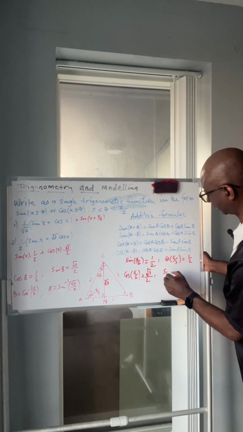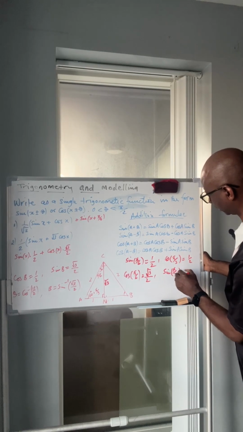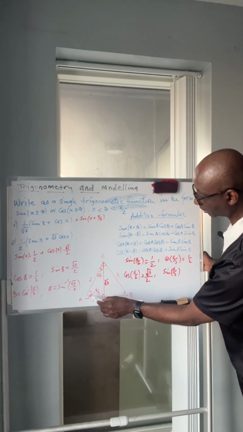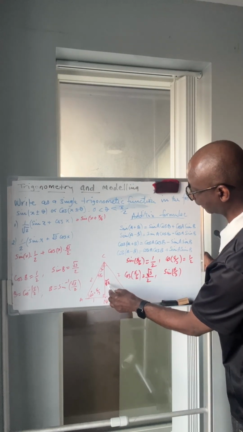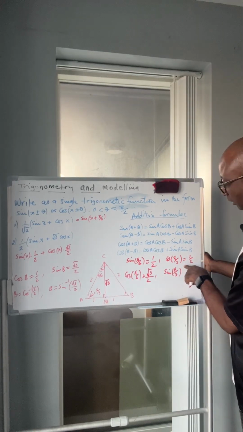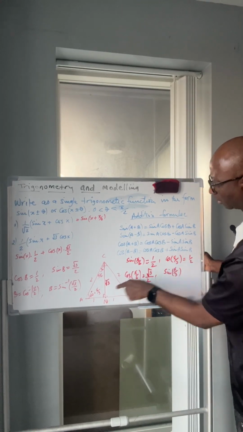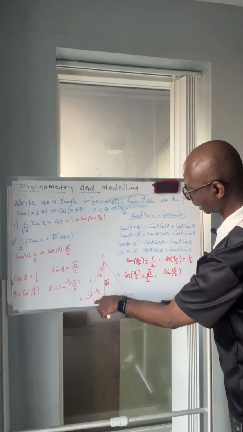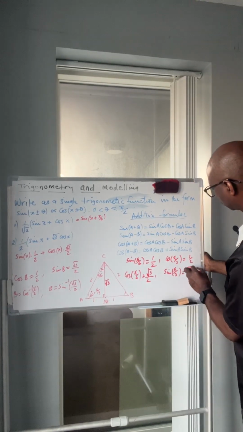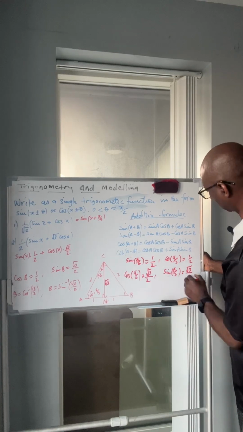Sine 60 degrees is sine pi over 3 in radians. Sine is opposite, which is root 3, all over hypotenuse, which is 2.